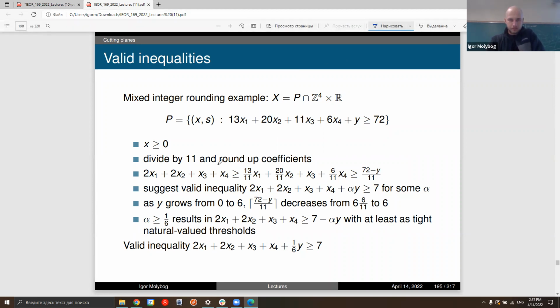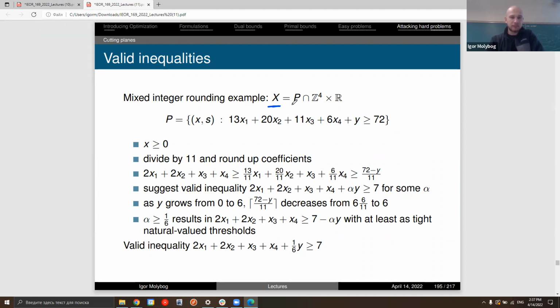So it's a different set X that is 5-dimensional now, and it's based on 4 integral variables and 1 real variable. The integral variables are X, and the real one is Y.